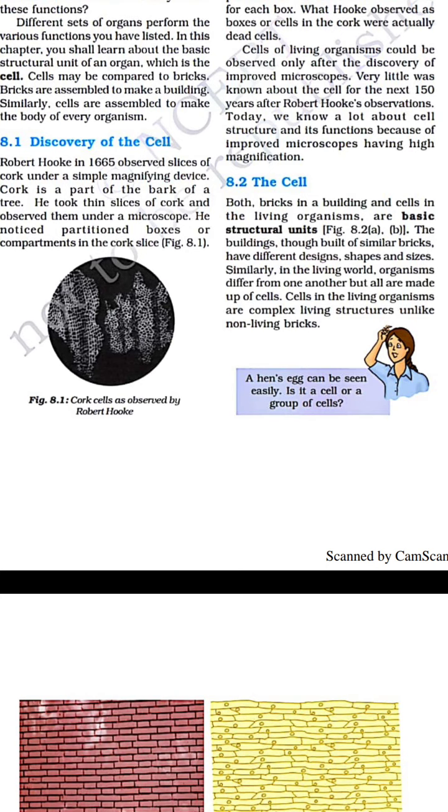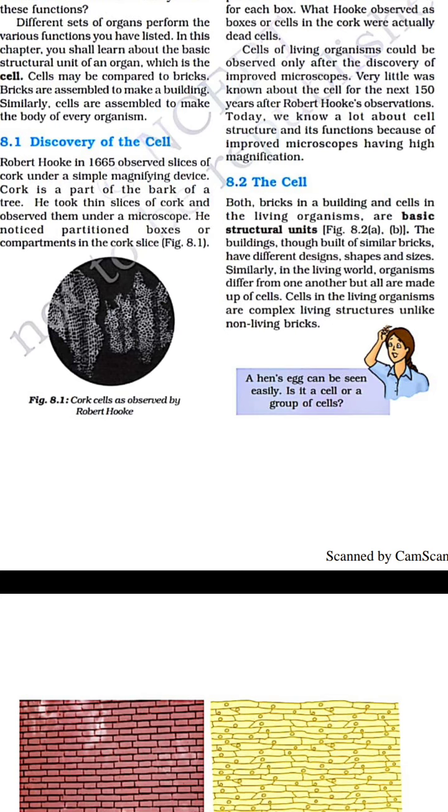So in the living world, the organisms differ, and also the type of cells they are made of. So there is a wide range of cells seen in living organisms, and we can say that the building blocks of living organisms are the cells.